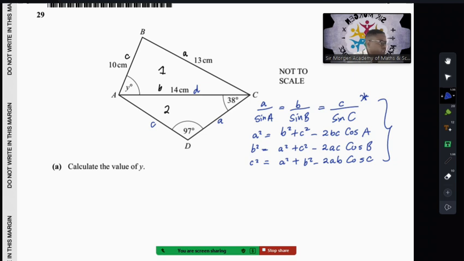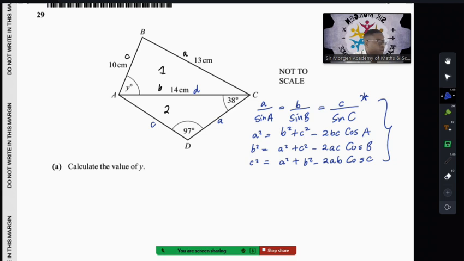So those ratios will not be complete. For you to use the sine rule, one of the ratios must be complete. For instance, you must have A and angle A, or B and angle B, or C and angle C. And then whatever you're looking for can have a missing component, maybe a side or an angle. So that means we can't use the sine rule.